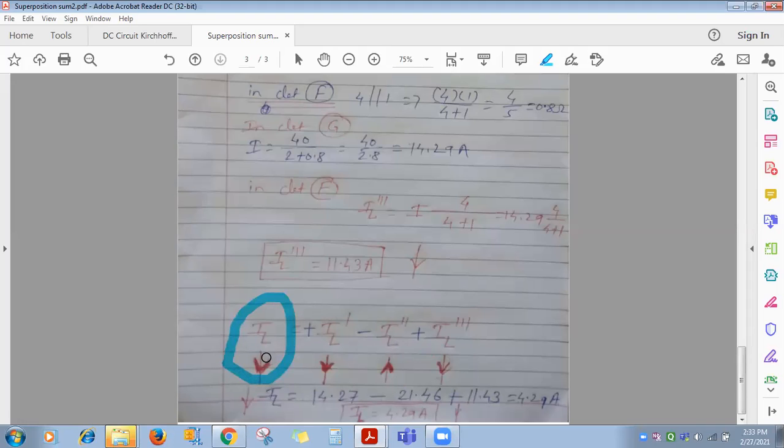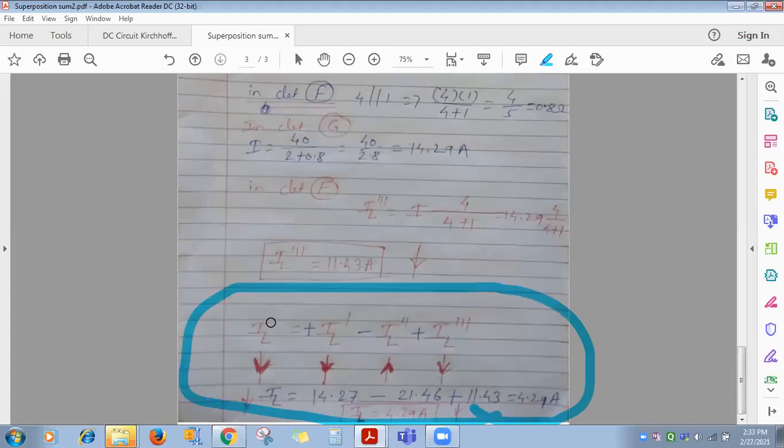With reference to downward, this is also downward. So here plus or minus? Plus. For the second one it is upward, so minus, and the third one again is downward, so plus. So do it. What answer are you getting? 4.29 ampere, and a positive answer I am getting. What does it mean? Whatever downward direction I have assumed is correct. So have you got the sum?